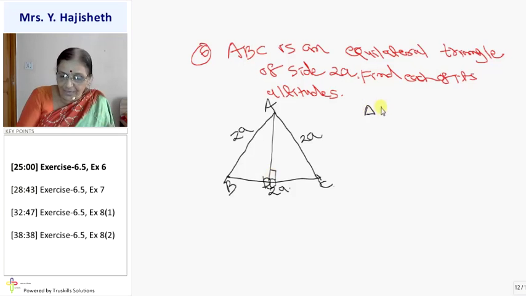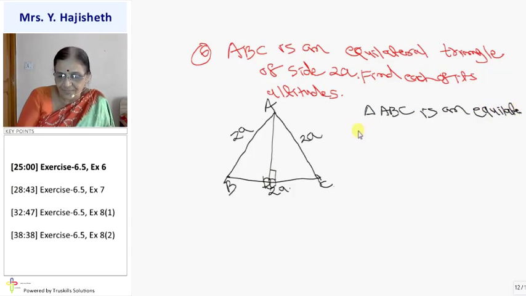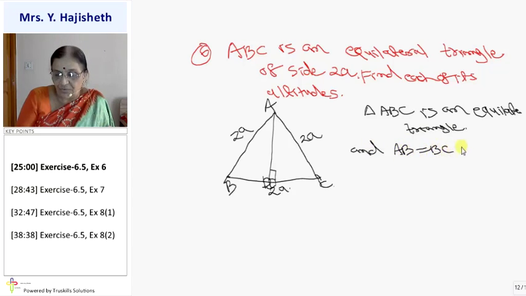So triangle ABC is an equilateral triangle. And this means AB is equal to BC is equal to CA is equal to 2a.